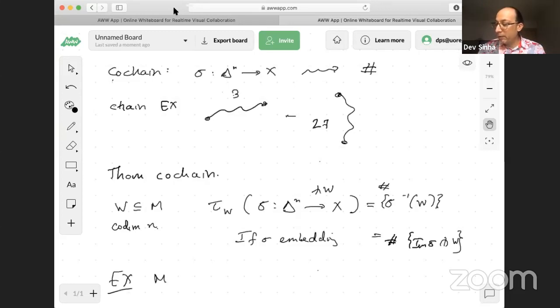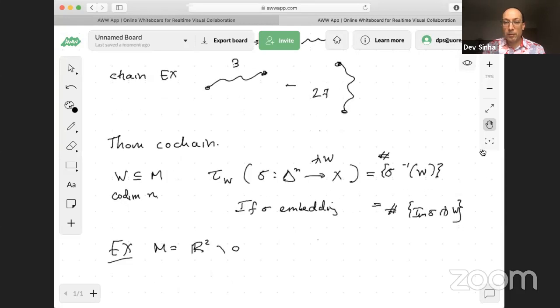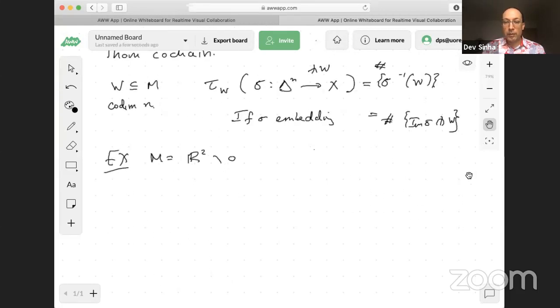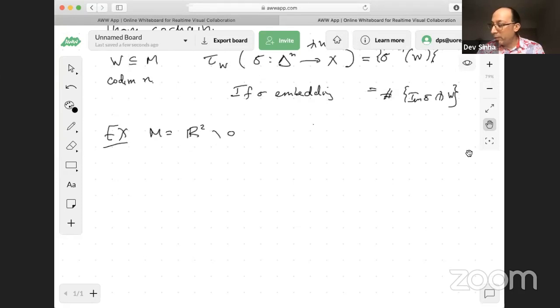If M is R2, take away the origin. Let me scroll here a little bit. Then a good example of W, which doesn't need to be compact or anything, I can take the x-axis with positive x coordinate. So then the picture is like this.